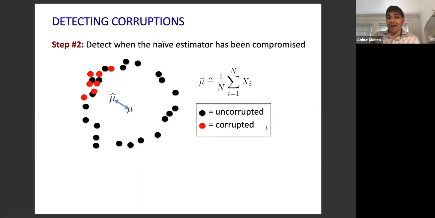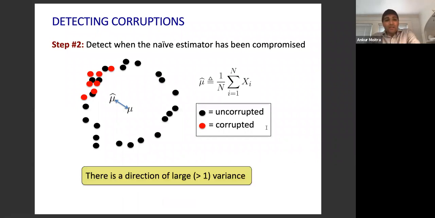So what would the adversary do to drastically corrupt the empirical mean? Well, the adversary might choose some direction and add all of their budget of corruptions along that direction. So even though there's only an epsilon fraction of the points that are corrupted, because they're root d away from the unknown mean, they actually move the empirical mean by epsilon times root d.